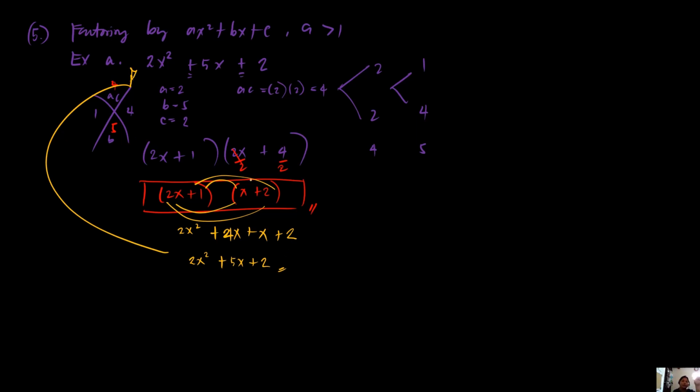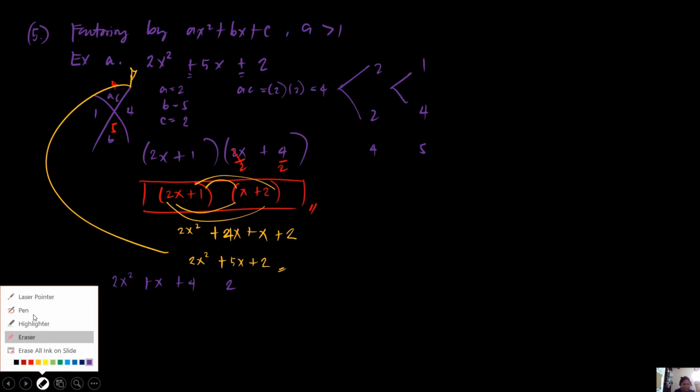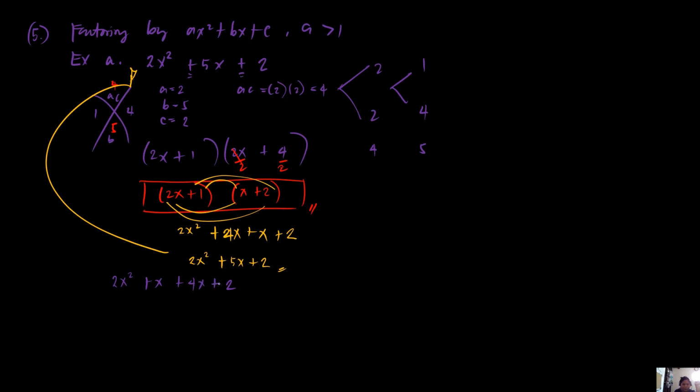And the second solution, you can do that by grouping. Let's see. By grouping, you will have 2x squared. What are the factors? 1 and 4. Plus x plus 4x plus 2. When we group them, let me write this one. 4x plus 2.